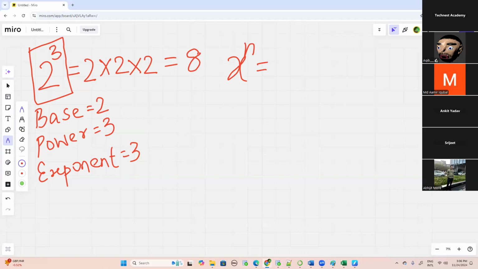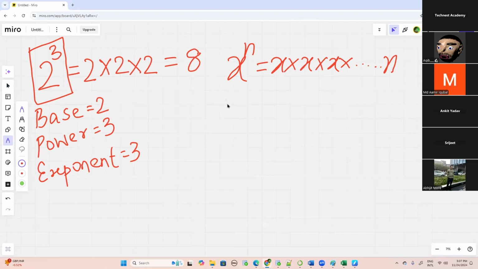If I have written x to the power n, x has to be multiplied how many times? n number of times. So x into x into x into x, multiplied n number of times. Is this clear?